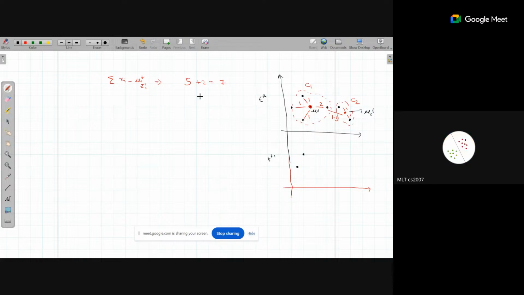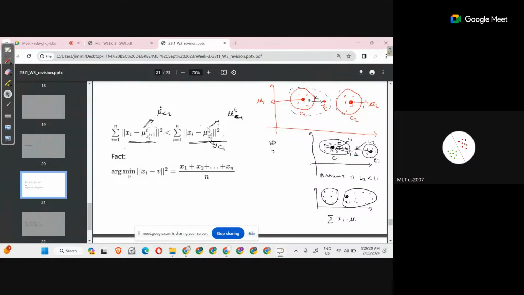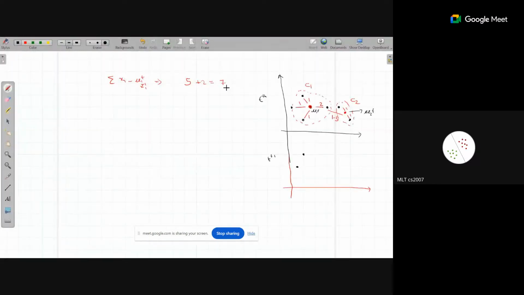At that point, if you see this equation, the value of this part is 7 units. Now after this reassignment, we will get new clusters.